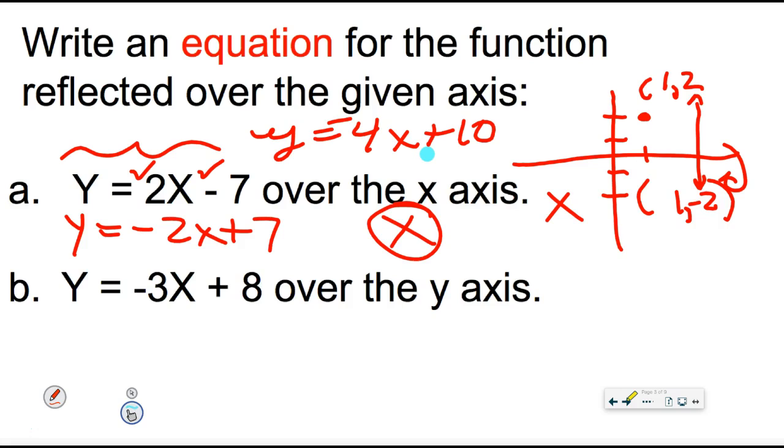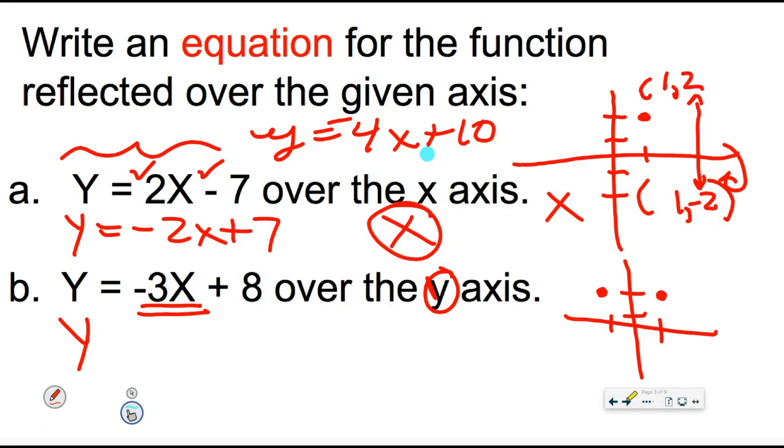For the y-axis, right, I only see one of those negatives. Think of it as being 2 negatives and then just the 1. Watch what happens when you reflect over the y-axis. 1, 2 goes to -1, 2. The x's go opposite. So all you do is take the opposite of the x.